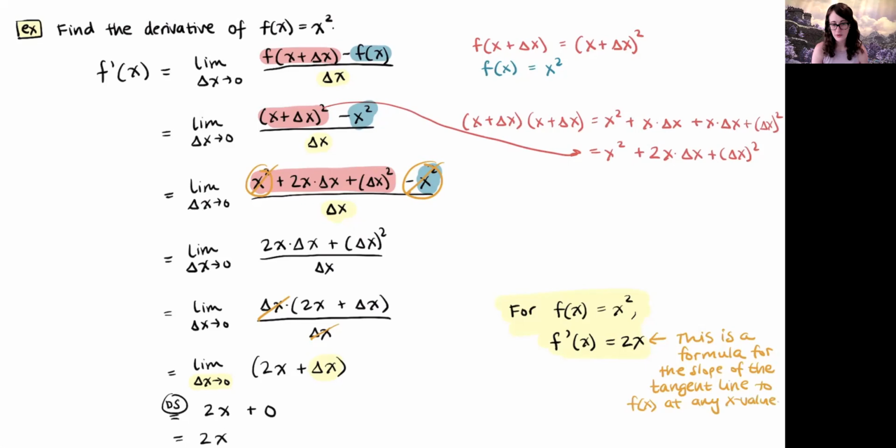Okay, we don't have to do it over and over again for different points. We just have a formula here. So for x equals 3, we have f prime of 3, which would be 2 times 3, which is 6. And that matches what we found before, right? The slope of the tangent line to x squared at the point 3, 9 is equal to 6.